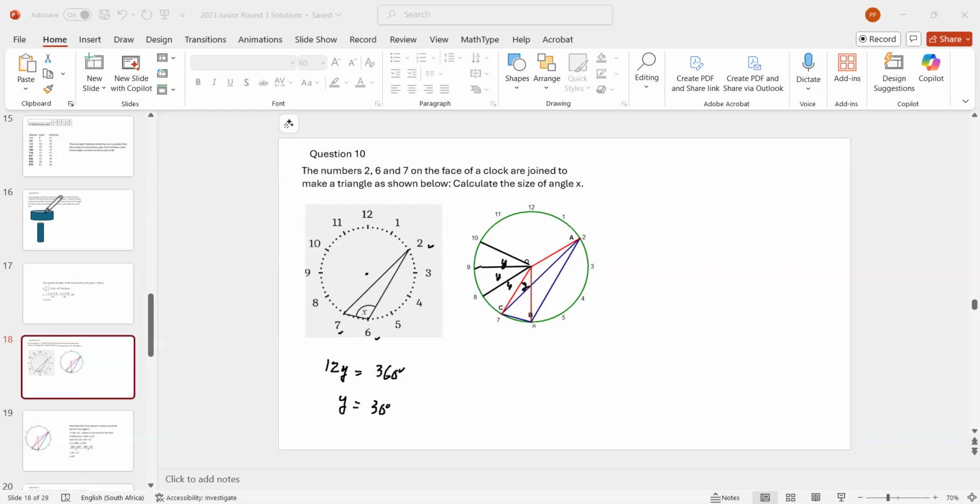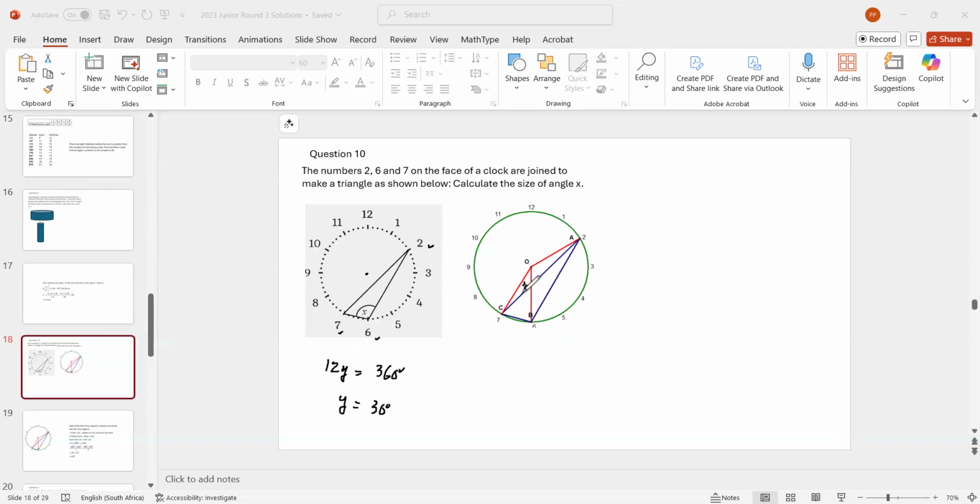Let me just wipe all these things out to make it a little bit easier. So what we've done here is seen that this is 30 degrees. Now I'm trying to get to this angle here. Now this 30 degrees, if you look at this triangle, this is isosceles.